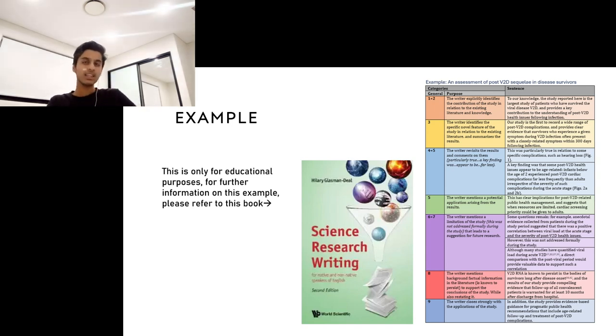Now, the one thing that I don't like about this example is the second sentence. "Our study is the first to record a wide range of post-V2D complications." I think for this paper it might have been necessary, because this is something that is out of my academic radar.